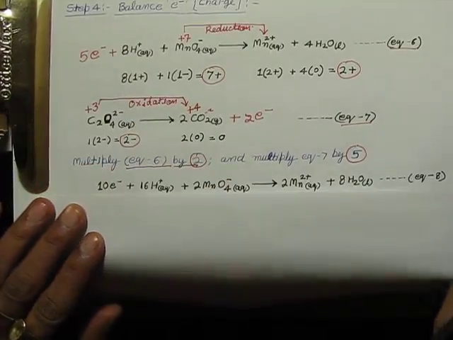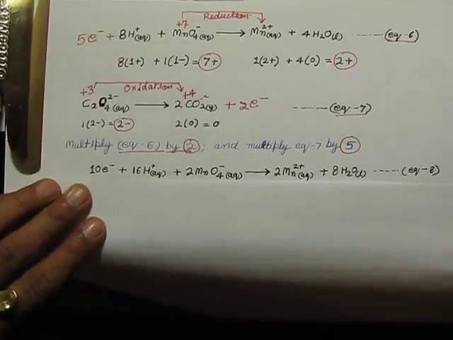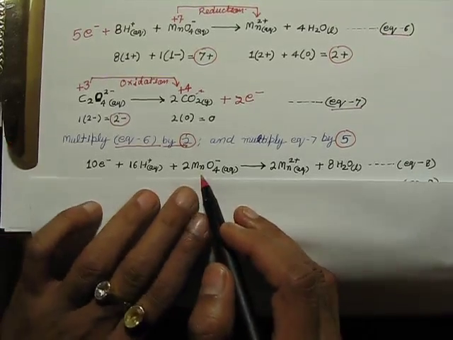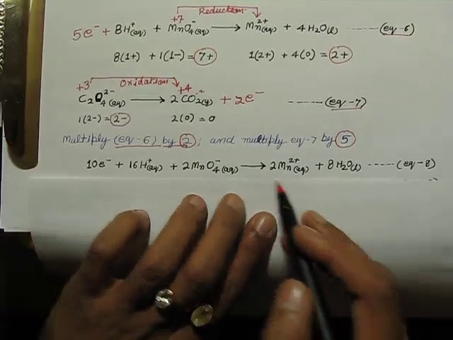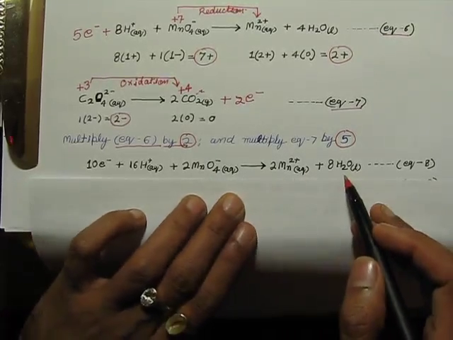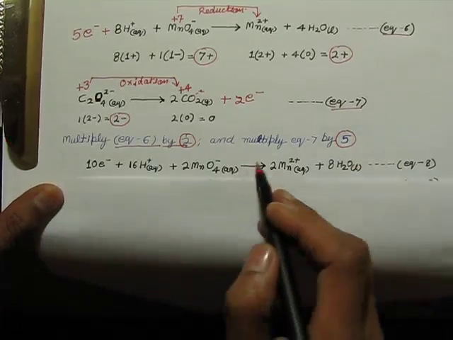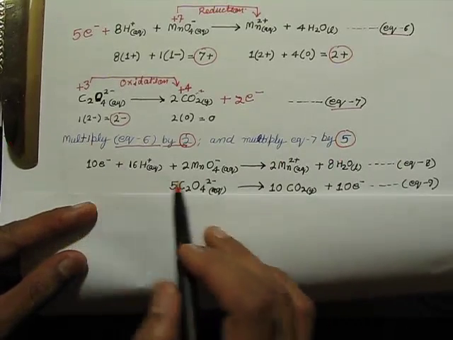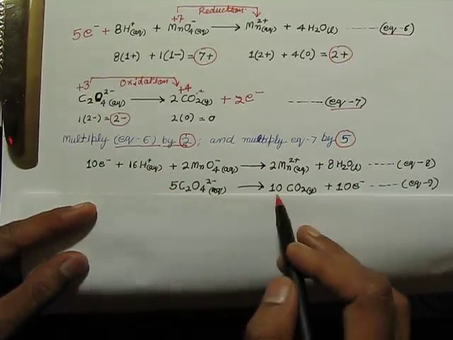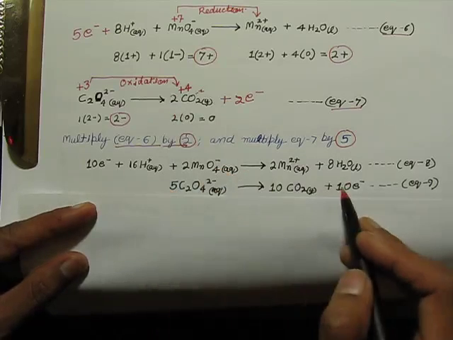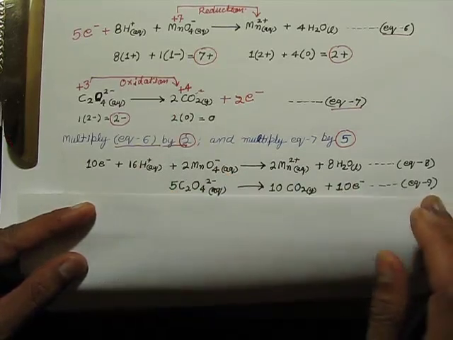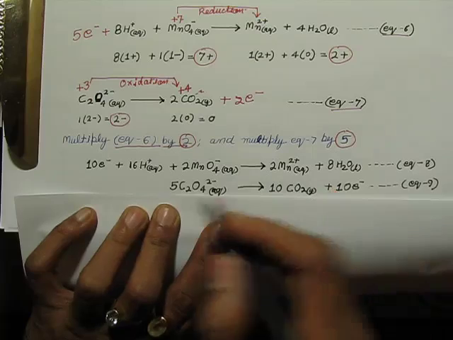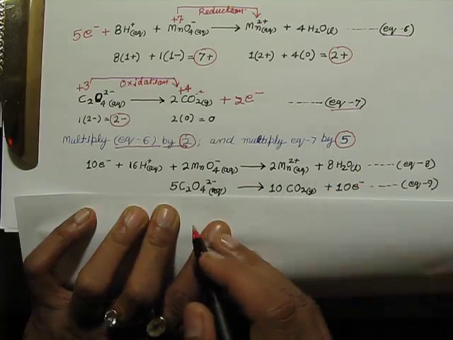Everything will be doubled, and that will be 10 electrons, 16 hydrogen, 2 permanganate ions will give you 2 manganese ions and 8 water molecules. And when we multiply equation number 7 by 5, we will get 5 oxalate ions giving 10 carbon dioxide gas and 10 electrons. And now everything is balanced, charges are balanced, and each atom on every reactant and product side is balanced.